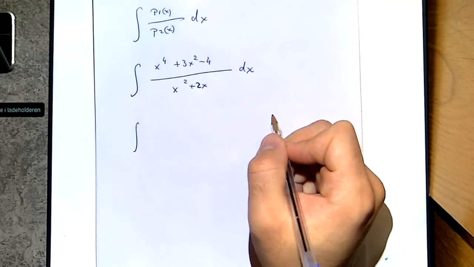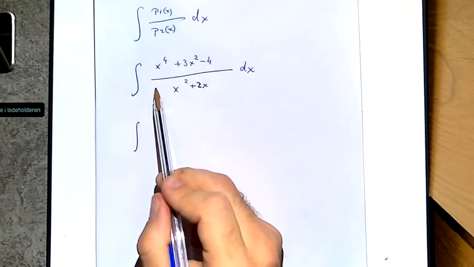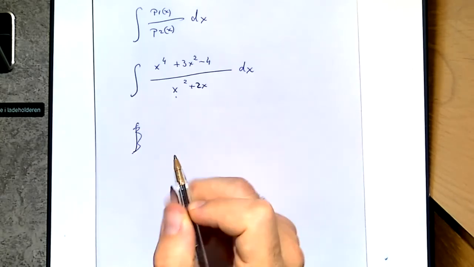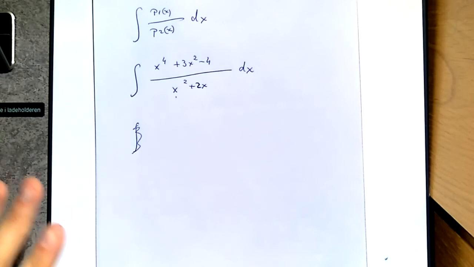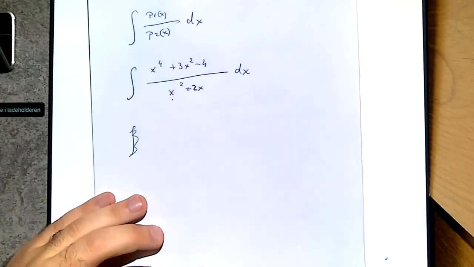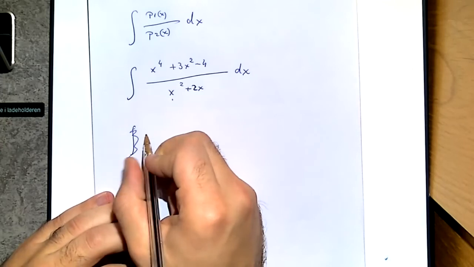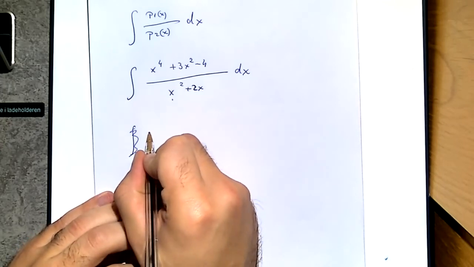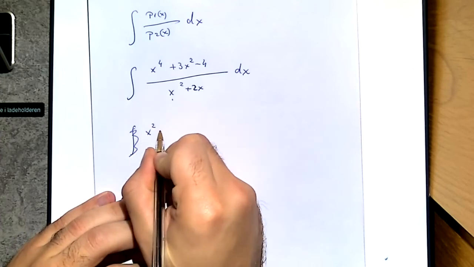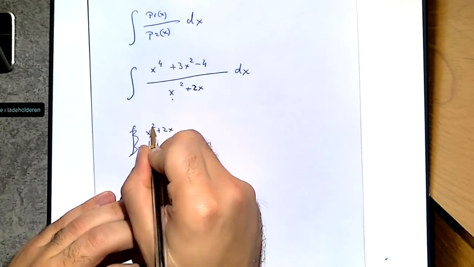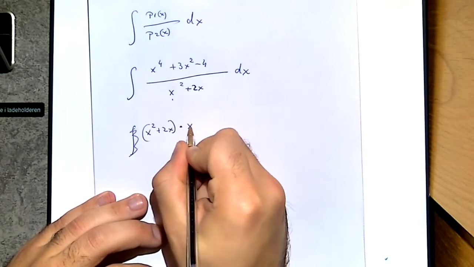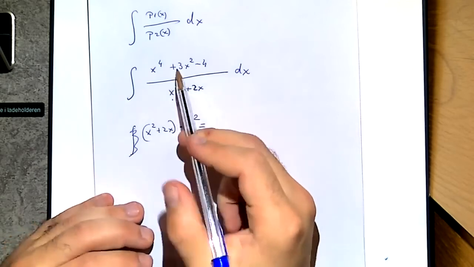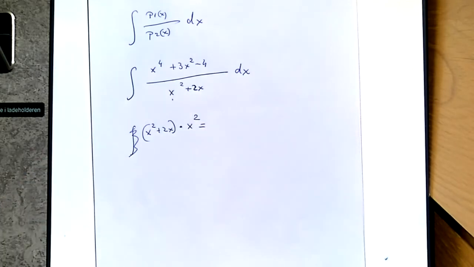The idea is that I have here x to the fourth, and here I have x squared. Drop the integral. You don't need the integral for this because this happens in your notebook, in your head, or even on the exam you can definitely write this. I'm just going to say that x squared plus 2x multiplied by x squared, which is usually what I multiply with, the biggest power up top, just so I get the biggest power.